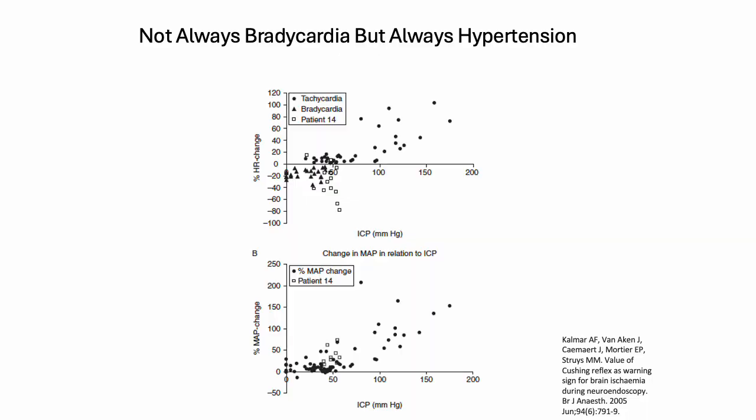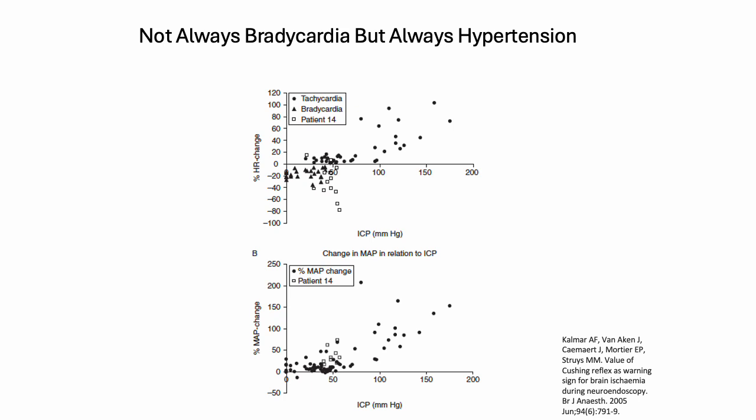But I want to show you a couple of older studies showing that patients don't always show bradycardia, but they almost always show hypertension. On the X axis is always ICP, the intracranial pressure. The top is the heart rate changes. The bottom is the blood pressure changes. You can see the normal is somewhere around 10 to 20.